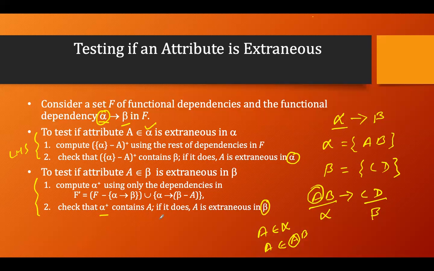So for both, the condition is different. Here we have to find out whether the rest of the closure is determining beta. On the other side, we remove the attribute, and if the closure still contains that particular attribute, then we say it is extra.